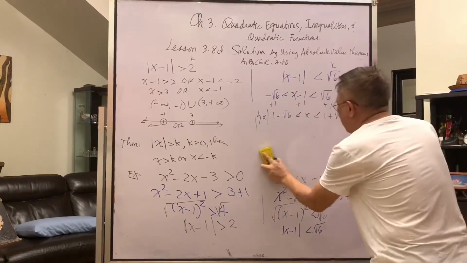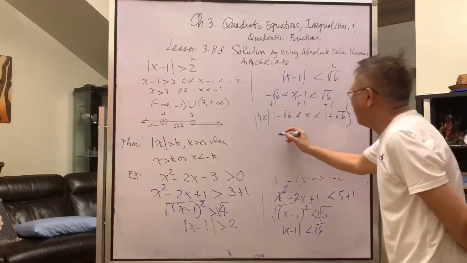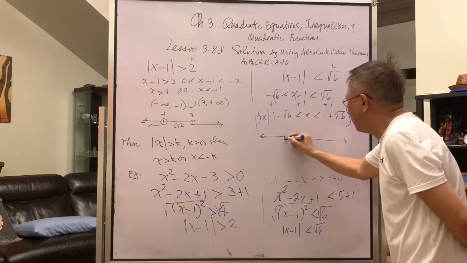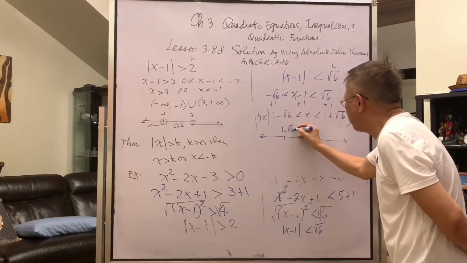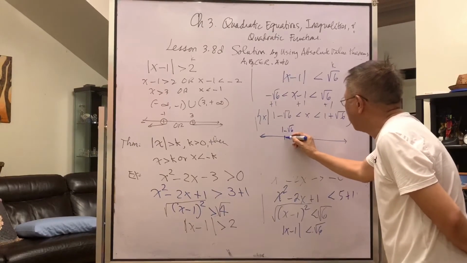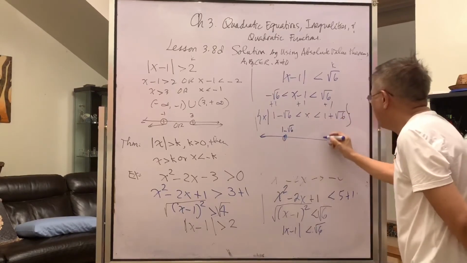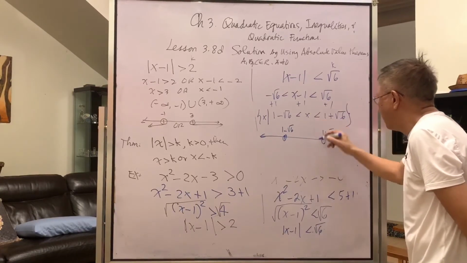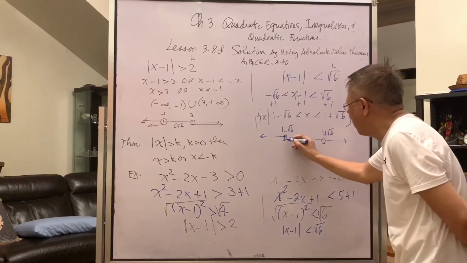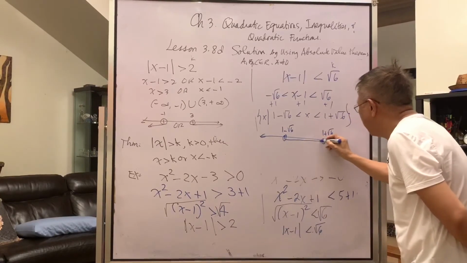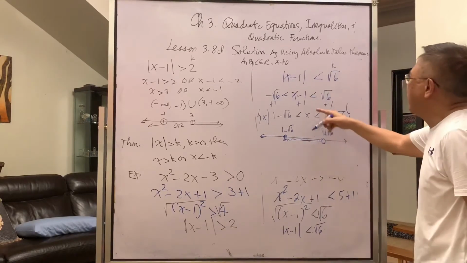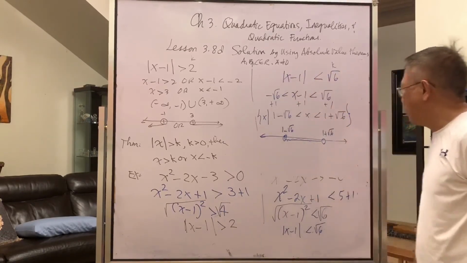Now, how will I write it in graphical form? This is the smaller critical number, 1 minus the square root of 6. This one is open. And 1 plus the square root of 6 is also open. So the solution here will be all points between these 2 points. There are infinitely many of them that will satisfy the given inequality.